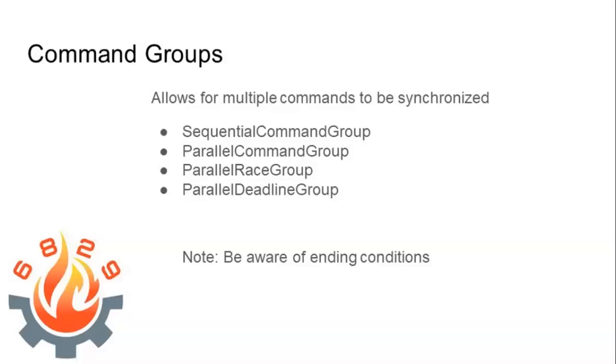You have a parallel group. And the parallel group is different in that they run them all at the same time. So if I'm trying to drive forward and let's say I push a button, I want to drive forward and I want to place an object 5 feet off the ground, right? And so I push a button.